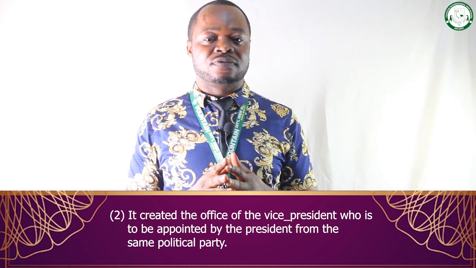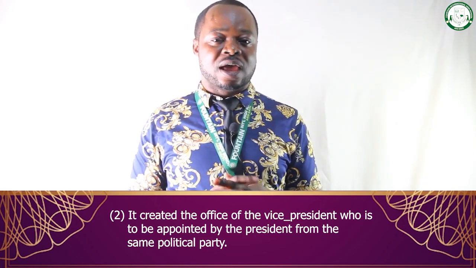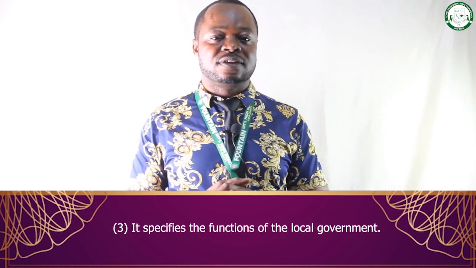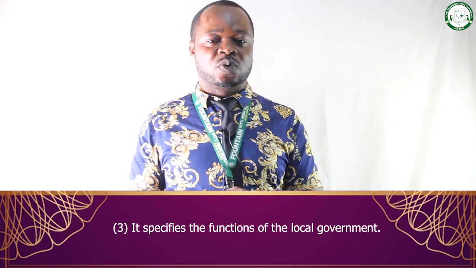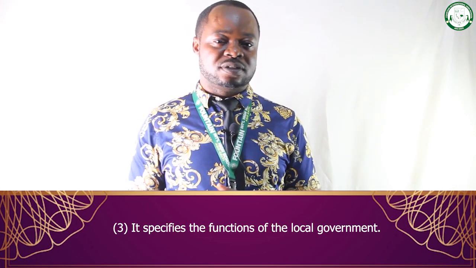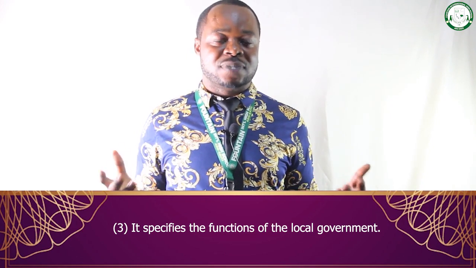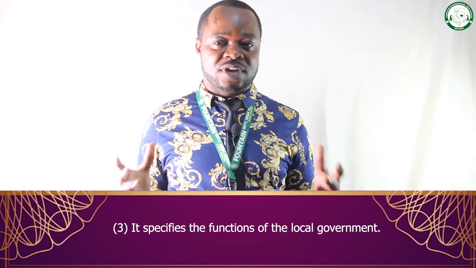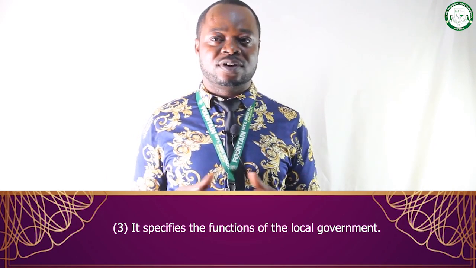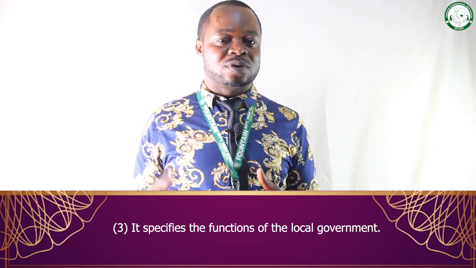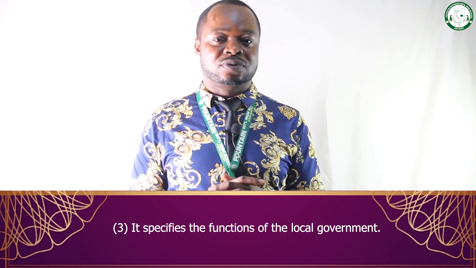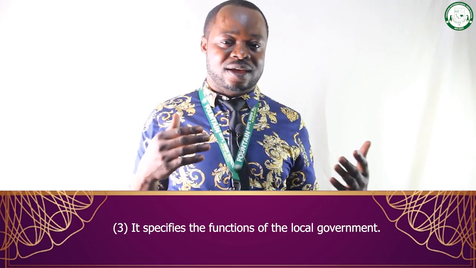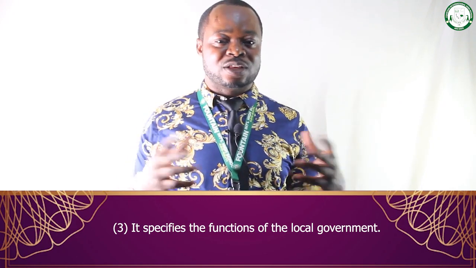In furtherance of our lesson, another feature of the 1979 Constitution was that it specified the functions of the local government. You know that the local government is the third level of government. I've told you that the local government is headed by the chairman, and we also have supervisory councillors that head the various departments, and we also have the vice chairman of local government and so many other functionaries.